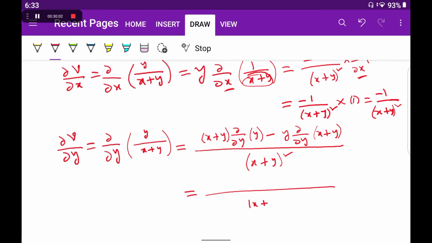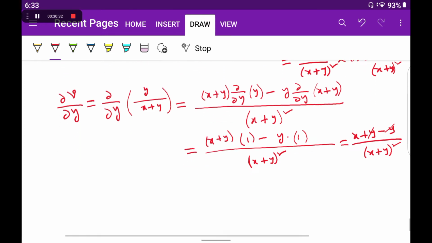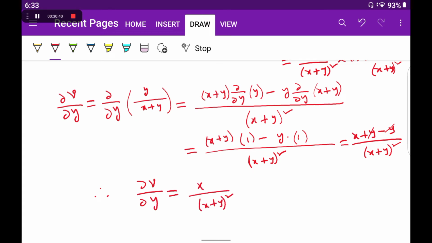It is x plus y whole square, x plus y into derivative of y with respect to y is 1, minus y into derivative of x plus y with respect to y, 0 plus 1, 1. X plus y minus y by x plus y whole square. Therefore, dou v by dou y is x by x plus y whole square.